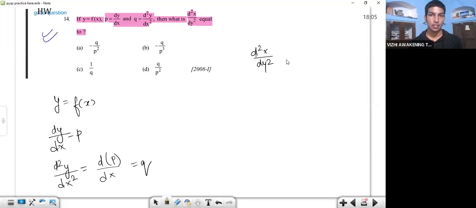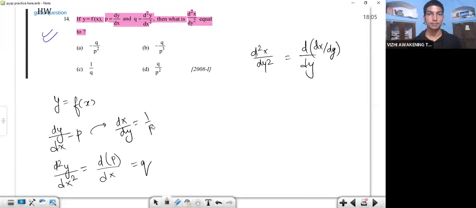So first we need to find out dx by dy, because we are double differentiating x with respect to y. So from here we can write dx by dy equals 1 by p.